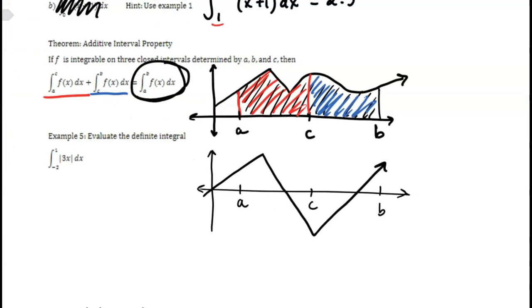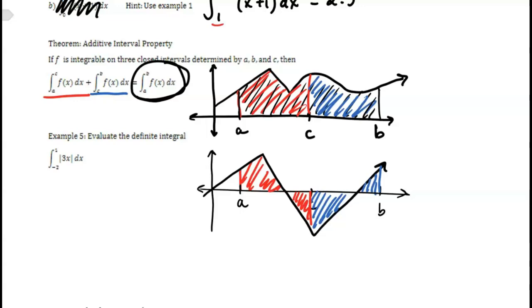You're talking about more of a net area where we have everything above the x-axis coming out positive and what's below the x-axis coming out negative. But this theorem still applies in this case. We could still break this up and integrate from A to C, and then integrate from C to B. And that would still give us the total net area from A to B.